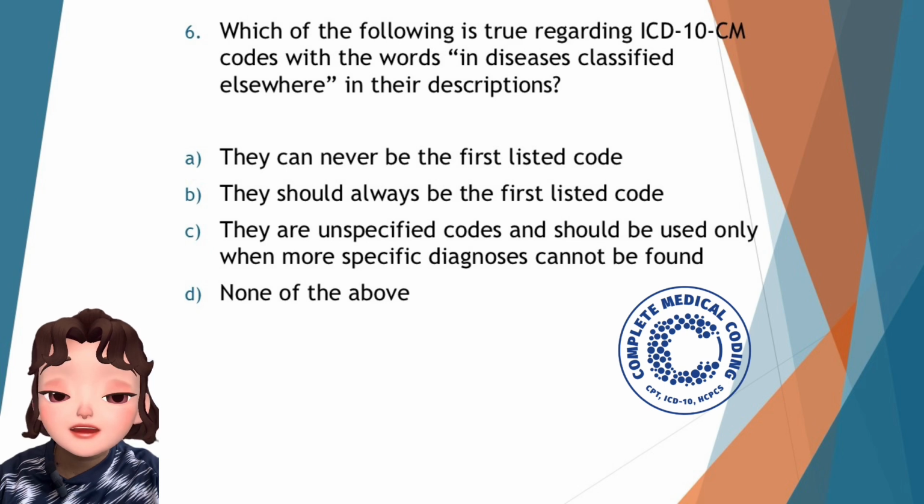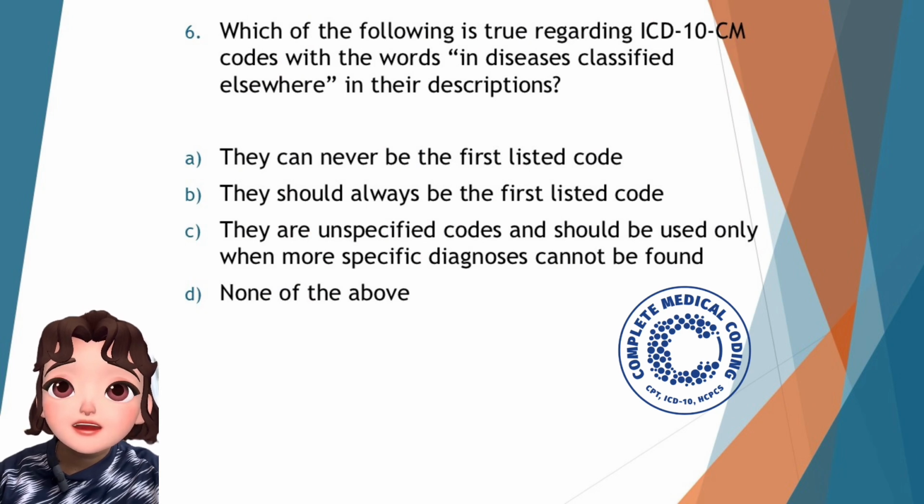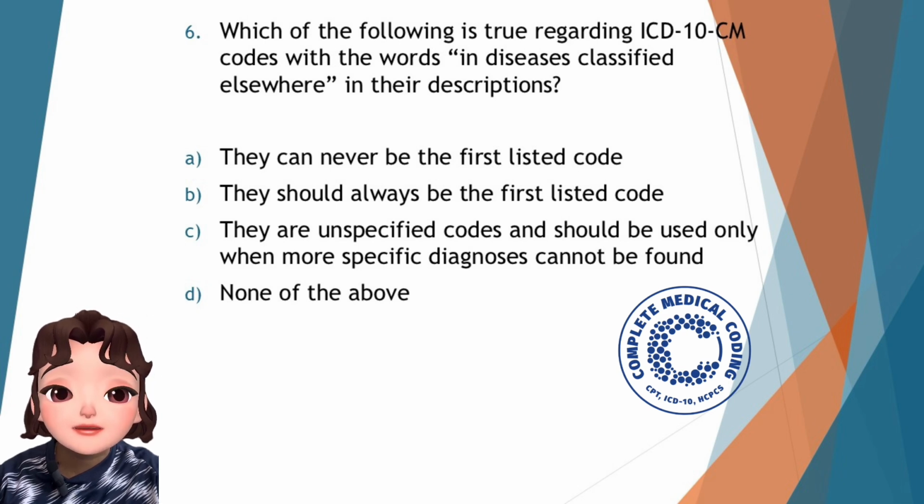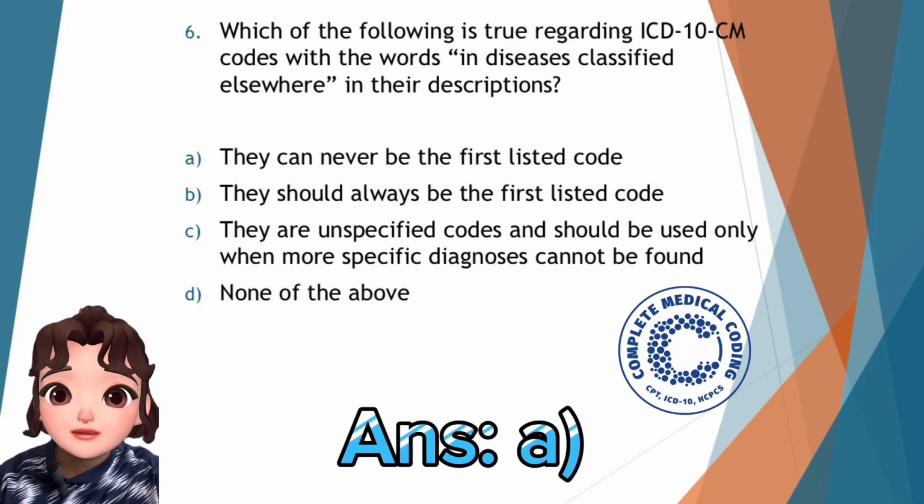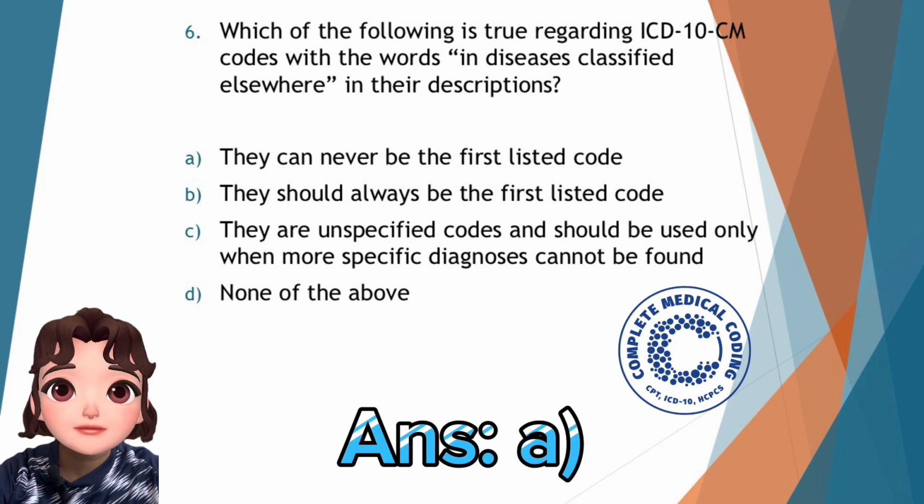Sometimes we will use unspecified codes, but not like in diseases classified elsewhere. Anyway, for the diagnoses where you come across "in diseases classified elsewhere," we will never code it as a primary code. We will never code it as a first listed code. So the answer is option A. They can never be the first listed code. Okay.